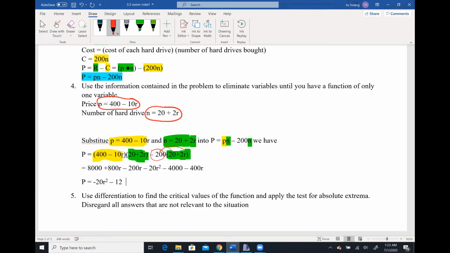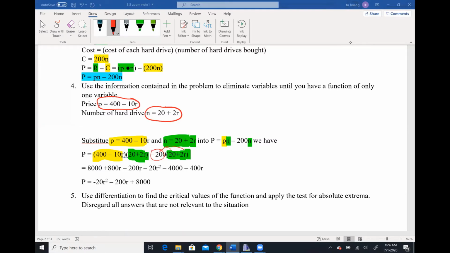It should be minus 600R... 200R, and then plus with 8,000. Actually 4,000 because of this and this, right? So 4,000.